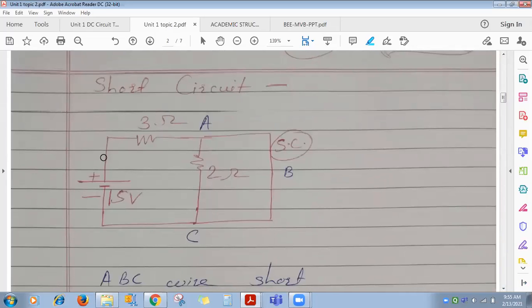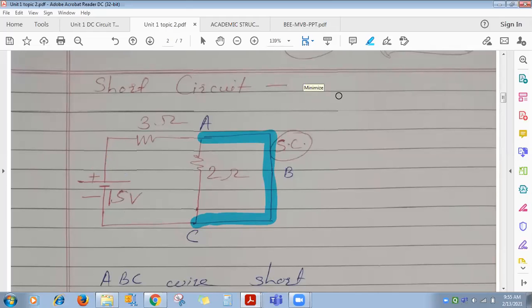Now, can anyone tell me what is the R equivalent of this circuit? Here there is a 15 volt battery, a 3 ohm resistance, a 2 ohm resistance, and one branch is shorted. This branch is called a short circuit branch. Can you tell me what the resistance will be here? 3 ohm. Correct, very good.